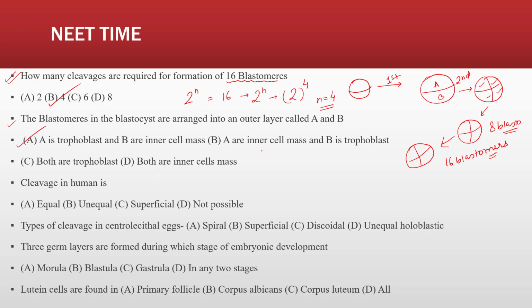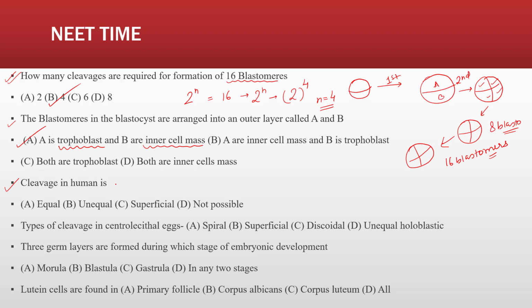So option A: the outer layer A is a trophoblast layer which further converts into cytotrophoblast and syncytiotrophoblast, and B, the inner cell mass, further converts into epiblast and hypoblast. So the inner part is the inner cell mass and the outer layer is trophoblast. Option B is wrong, option C is wrong, option D is wrong.